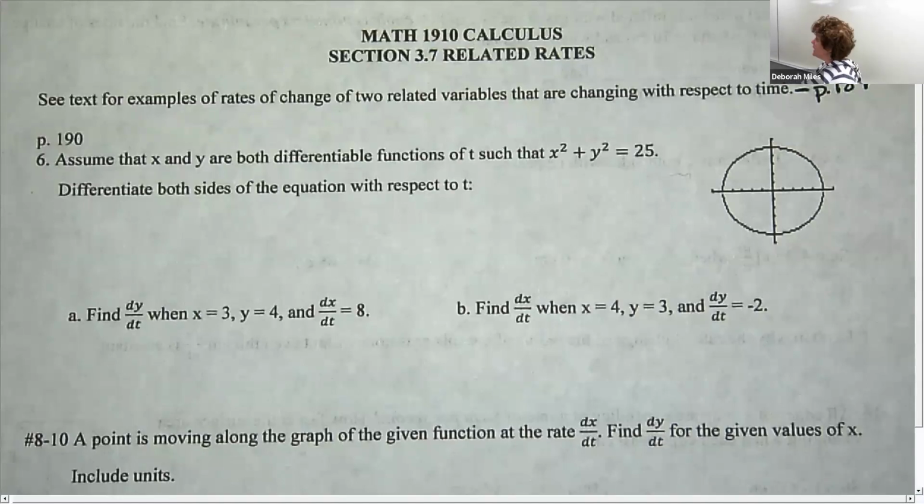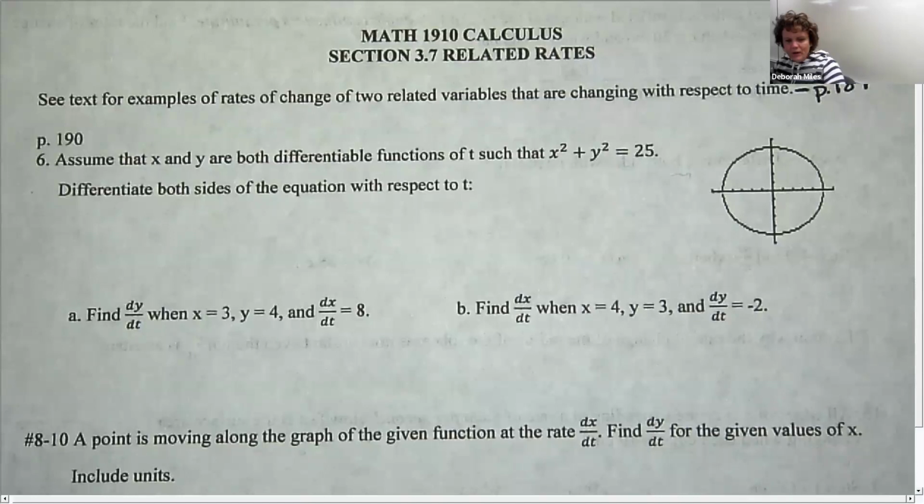Your two big sections of word problems in Cal 1 are 3.7 and I think either 4.7 or 4.8. The two big kinds are related rates, which is 3.7, and optimization problems, which are somewhere in chapter 4. But in related rates, we're talking about quantities that depend on time.